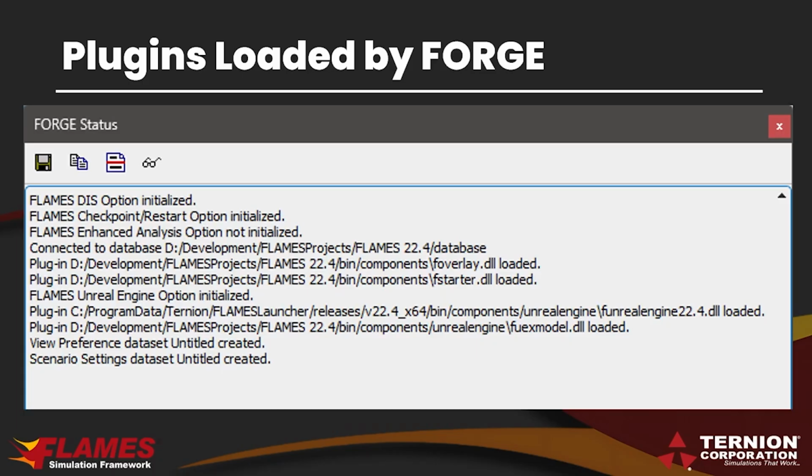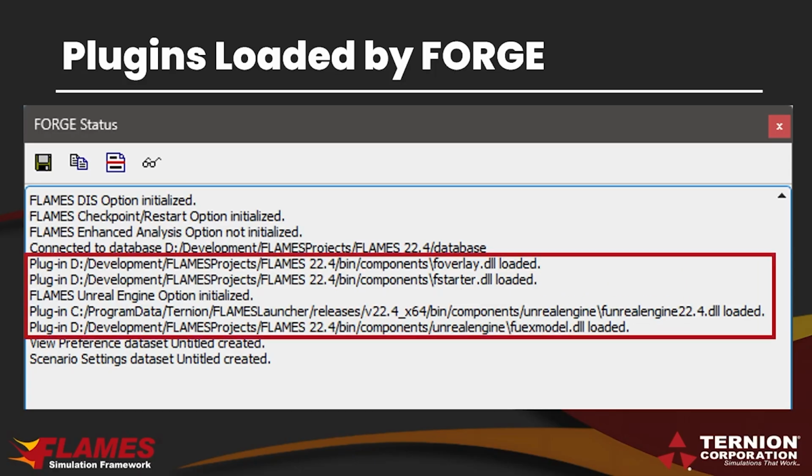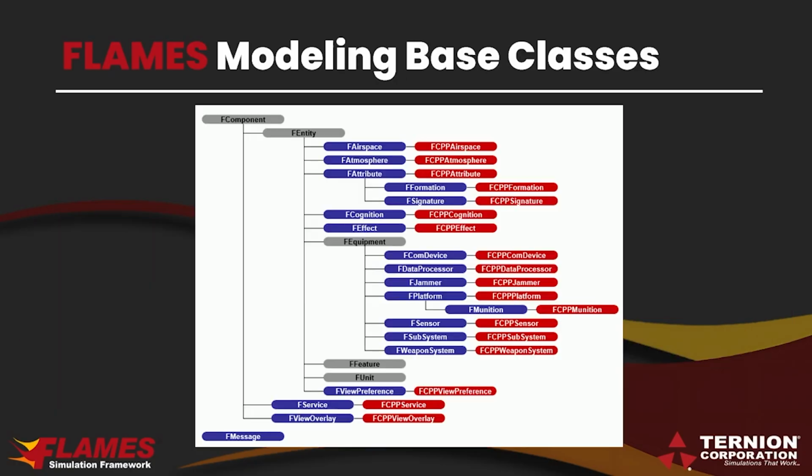And if you ever looked at the text in the status window, you'll notice that one of the things it lists is the names of the plugins, the names of the DLLs that it loaded. In this case, it loaded 4 different plugins. So Forge behaves differently depending upon which plugins are loaded. And again, your software that represents the systems that you want to simulate is resident inside those plugins.